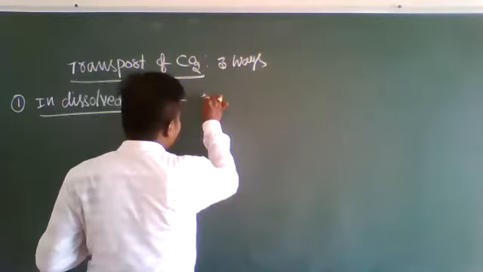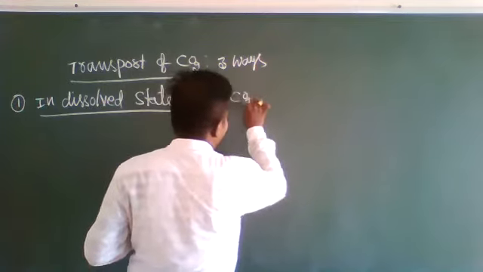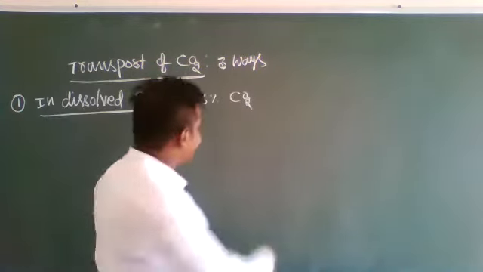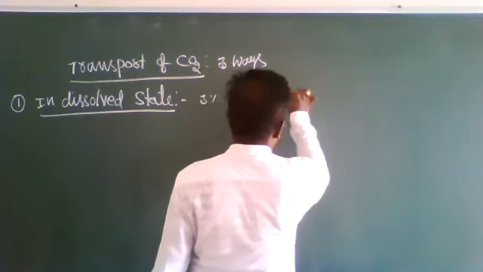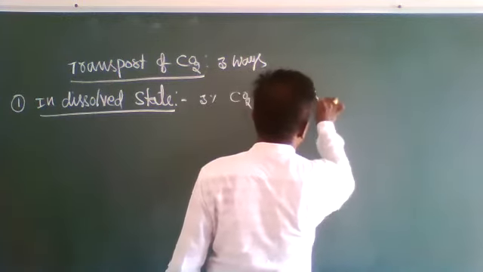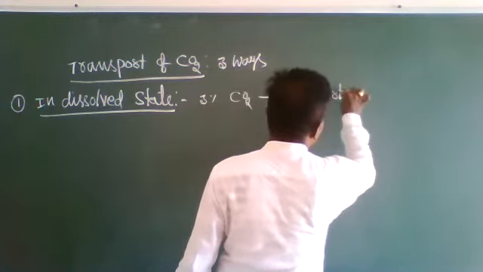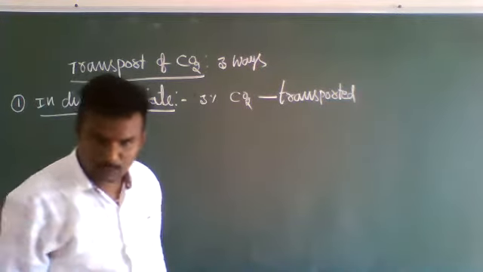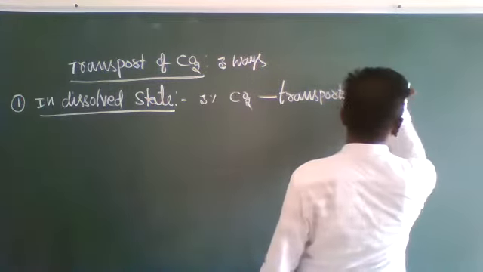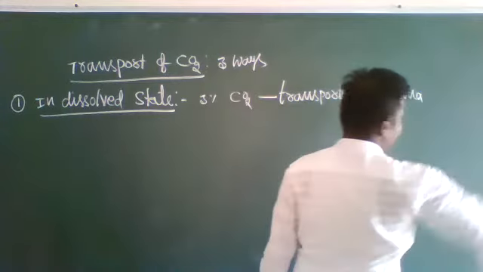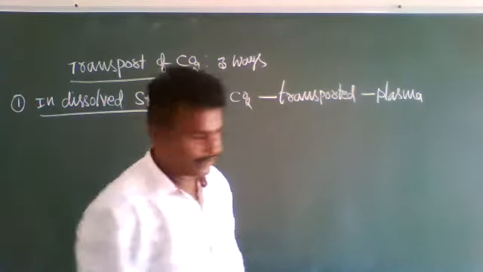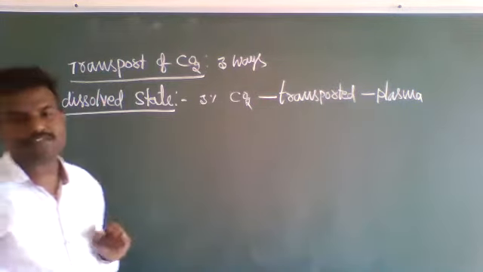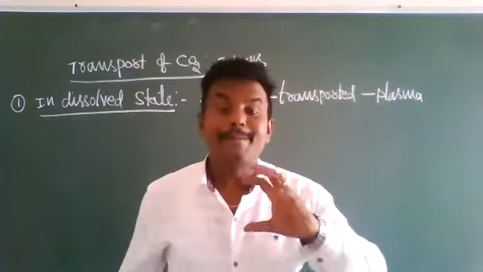About 3% of carbon dioxide is transported through plasma in dissolved state. That is called dissolved state.